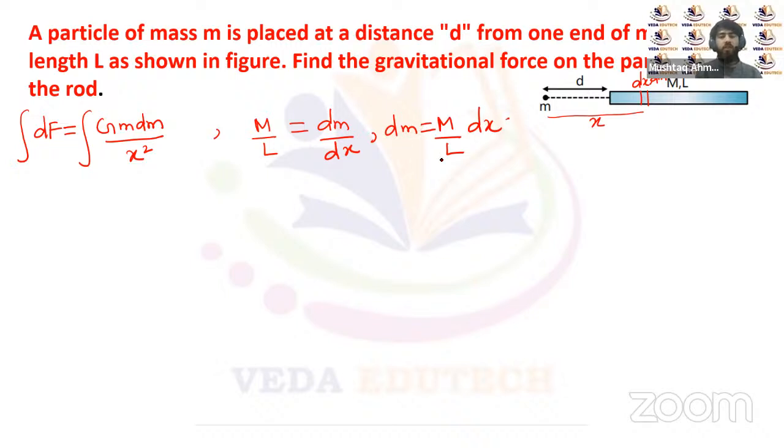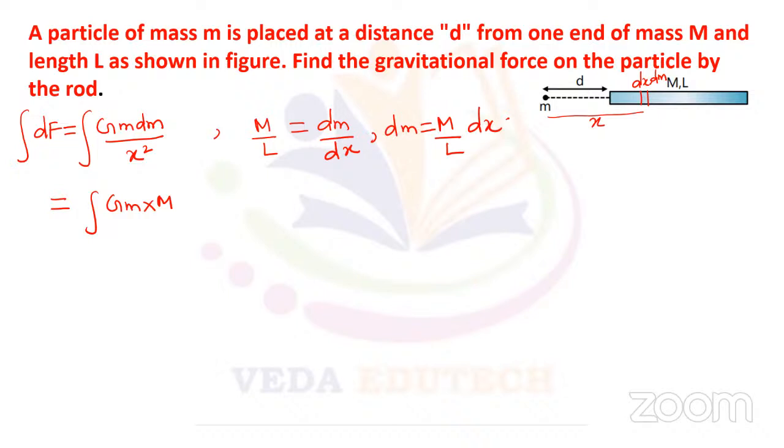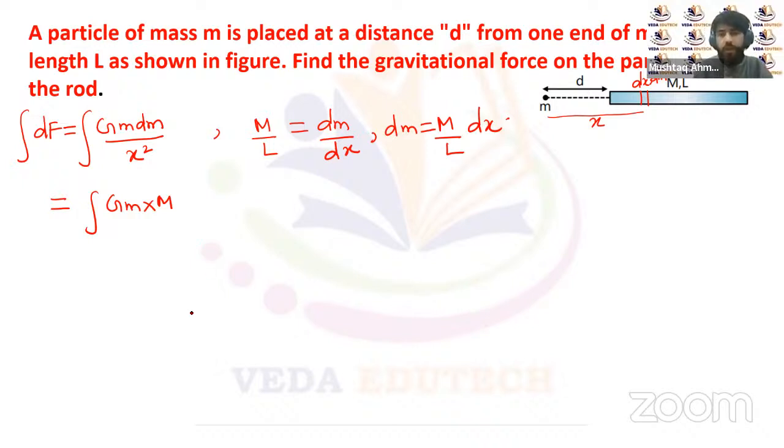Now replacing the value of dm with M upon L into dx, we'll get the integral of GmM upon L multiplied by dx.